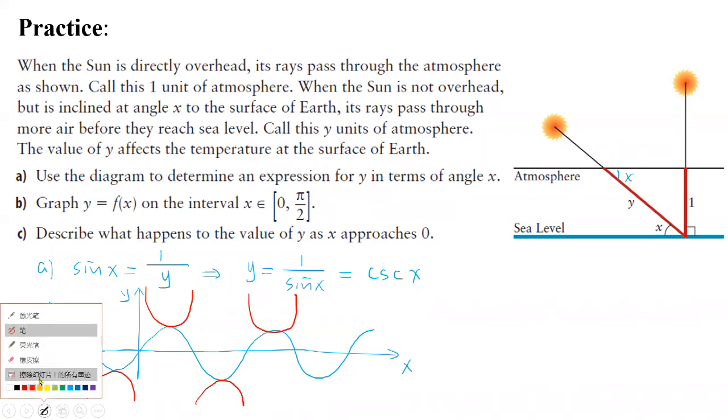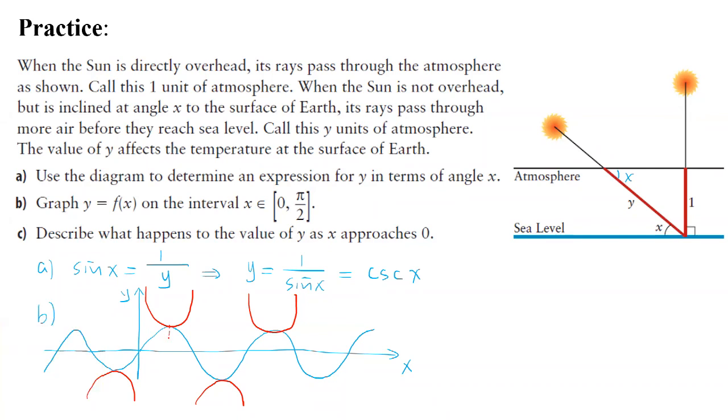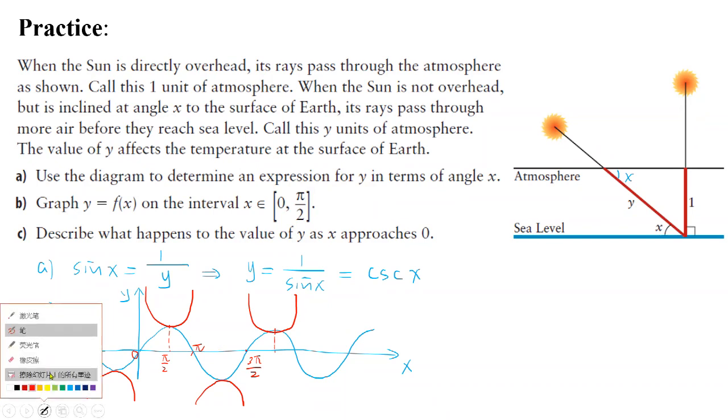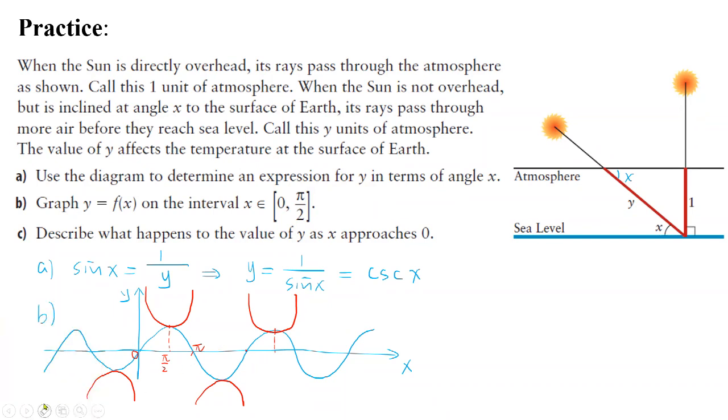And note here the corresponding x coordinates 0, half pi, pi, 3 pi over 2. Sorry, I made a mistake here. This is 3 pi over 2, and this is 2 pi, right? And here is another half pi, which is 5 pi over 2, and so on, right?